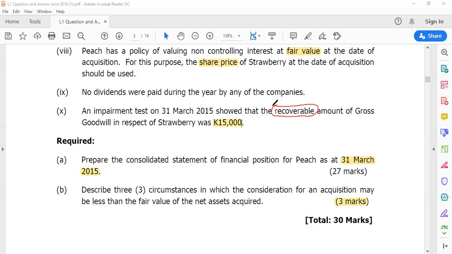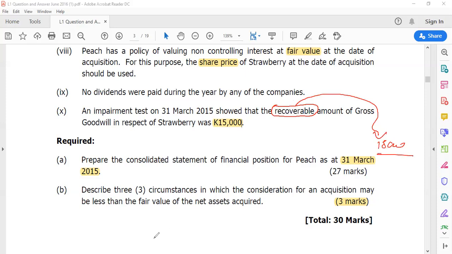That means the impairment was how much? 5,000. This 15 is not an impairment, it's a recoverable. What we're able to recover at the end of everything is 15,000, from the goodwill.